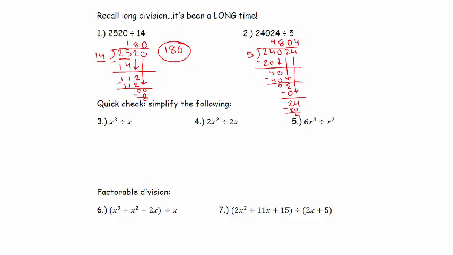Subtract, you get 4. So the way you can present your answer is 4804 and 4/5. That is the same thing as saying 4804 plus 4/5. Or 4804 with a remainder of 4.